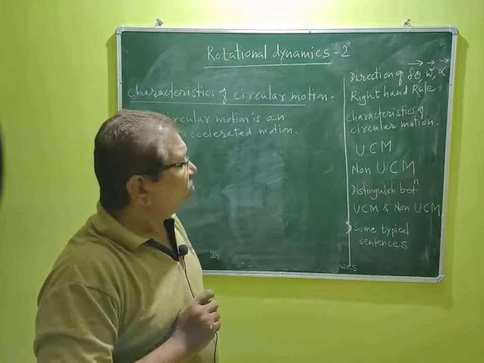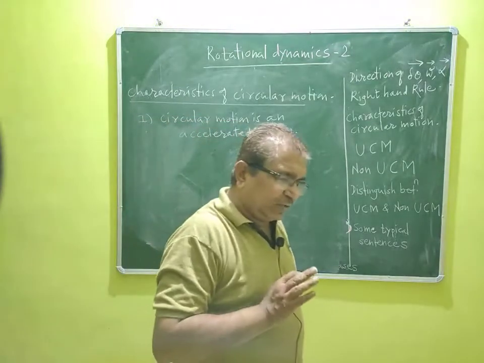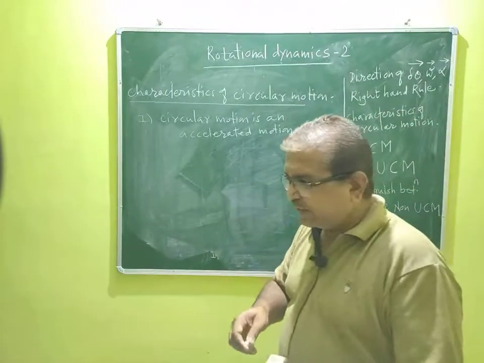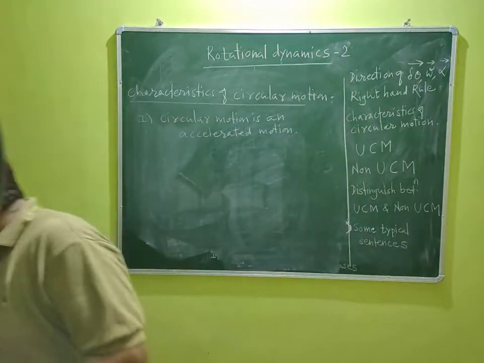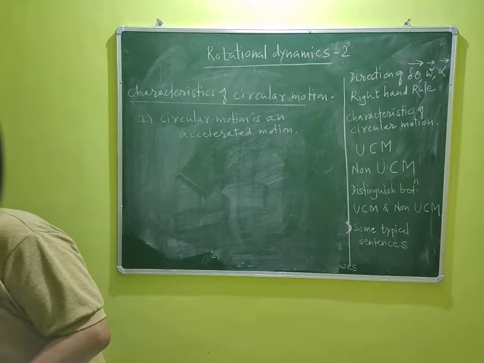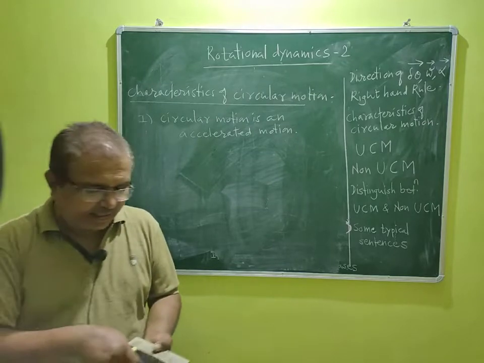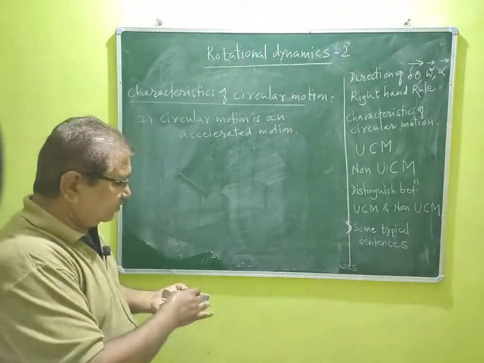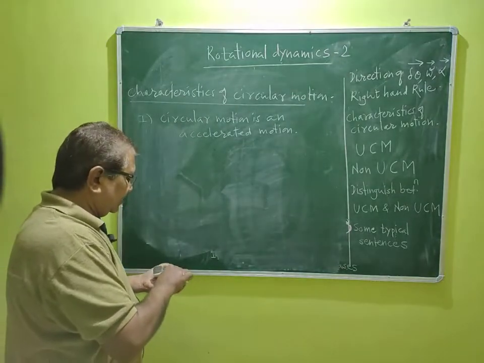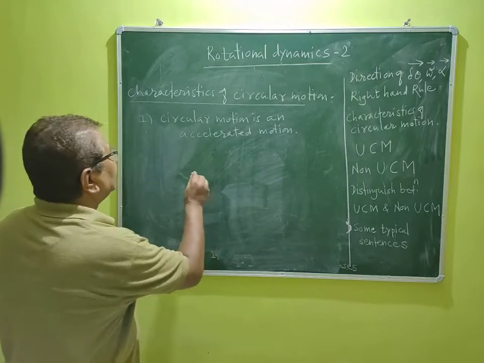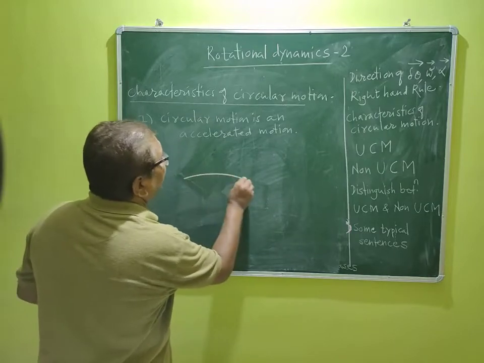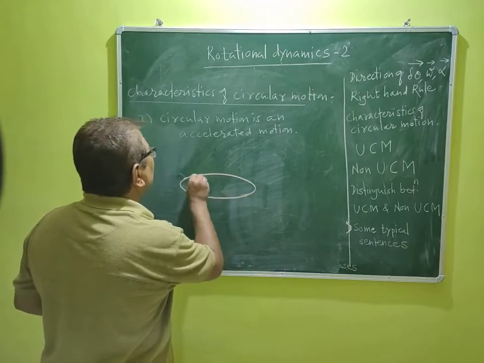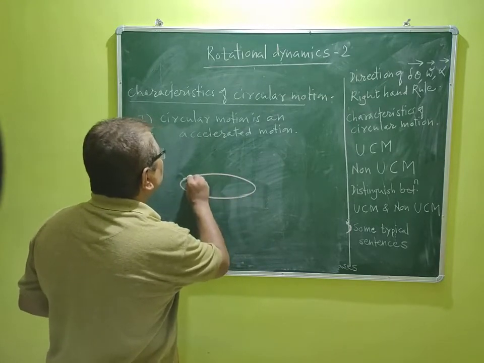So to give a satisfactory explanation, let me draw one diagram, dear guys. That diagram is like this. We will draw that diagram now. Let us draw the elliptical circle. That elliptical circle suggests a horizontal plane of circular motion like this.